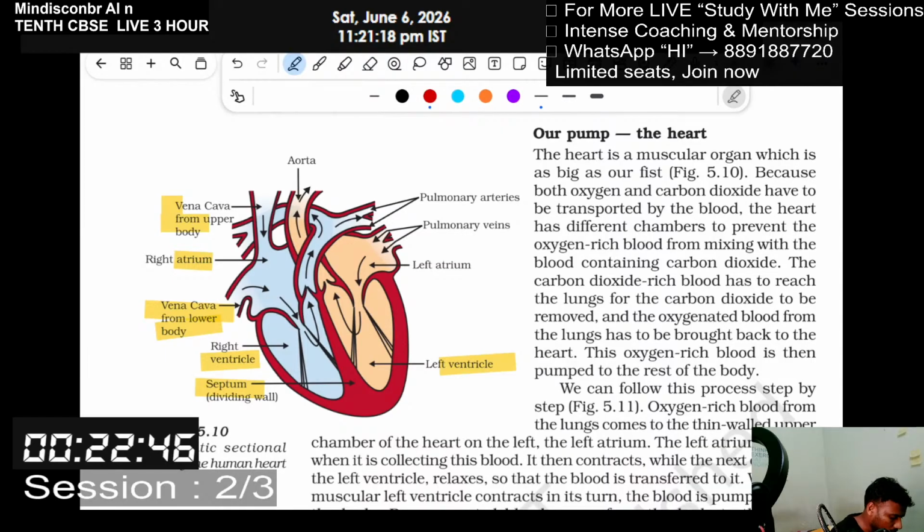Lungs, there is oxygenated blood, and the oxygenated blood first reaches from lungs to pulmonary veins and reaches the left atrium, and from left atrium it moves to the left ventricle, and as a result, due to pressure, the left ventricle contracts, these two valves close and blood cannot go back to the left atrium, and this blood goes to the aorta, and through the aorta it moves to body parts.